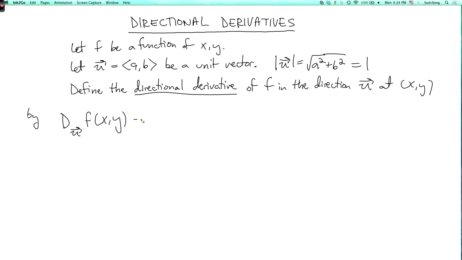Well, let's write it this way. It's going to be the derivative at t equals 0 of f of x plus at, comma, y plus bt.